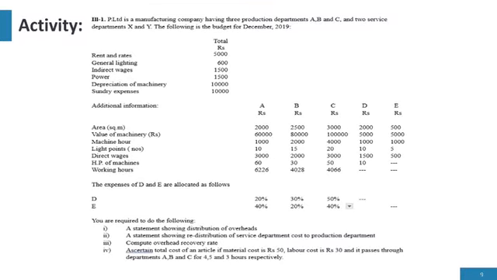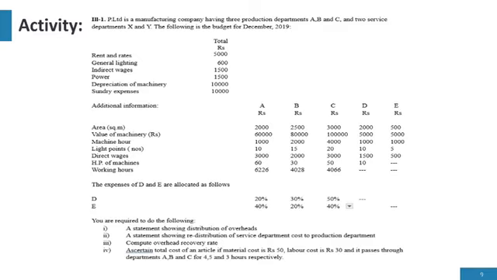Let's now talk about an example. P Private Limited is a manufacturing company having 3 production departments, A, B and C, and 2 service departments, X and Y. The following is the budget for December 2019. Rent and rates 5,000.